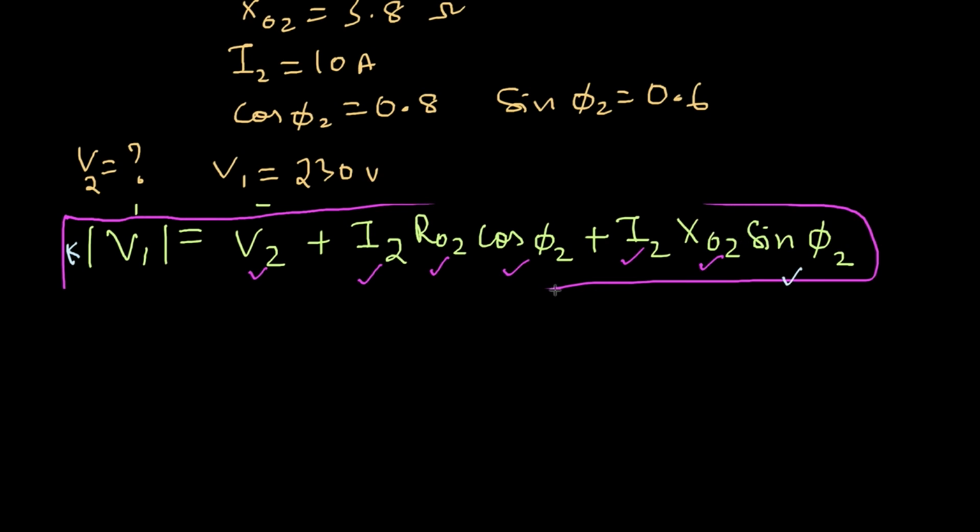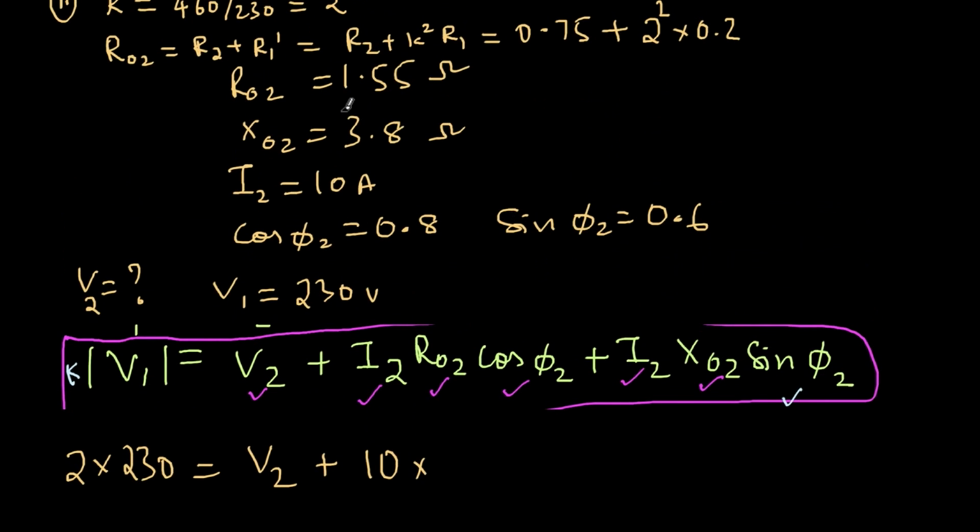I'll just substitute the known values. K is 2 and V1 is 230, is equal to, V2 is unknown and I2 is 10 amperes.